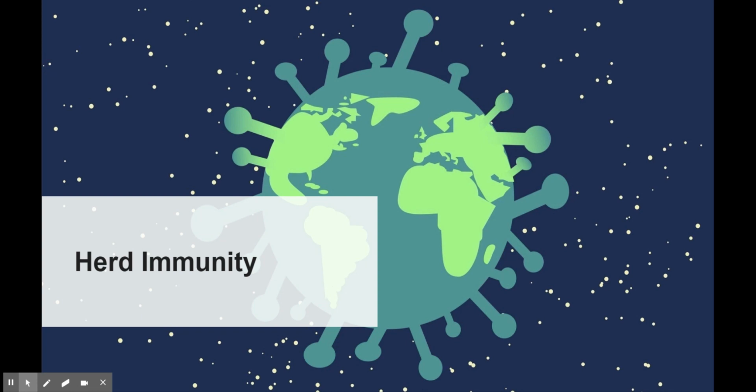When a vaccine exists, like with influenza season, and maybe some people have been exposed to the flu, maybe some people have received the flu shot, there is a higher level of population immunity to a disease.